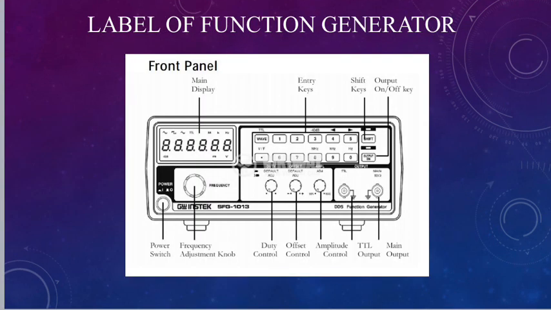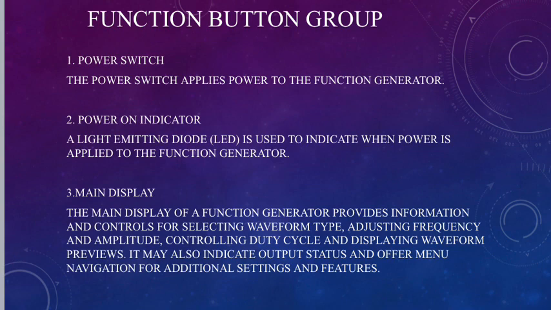Okay, this is the layout of the function generator. Function button group. First, power switch. The power switch applies power to the function generator. Second, power on indicator. A light emitting diode, or LED, is used to indicate when power is applied to the function generator. Next, main display.